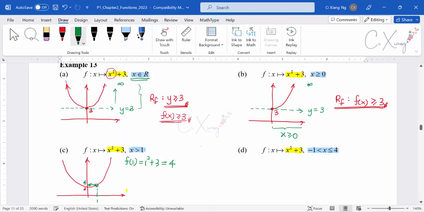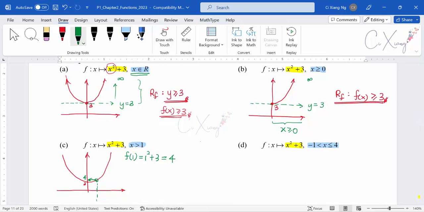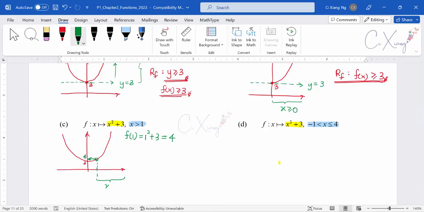When I want to sketch the graph for the domain where x is greater than or equal to 1, that means I only want to consider the part of the graph from here onwards. So you can see that this is x greater than 1, and I only want to consider the graph from this part only.